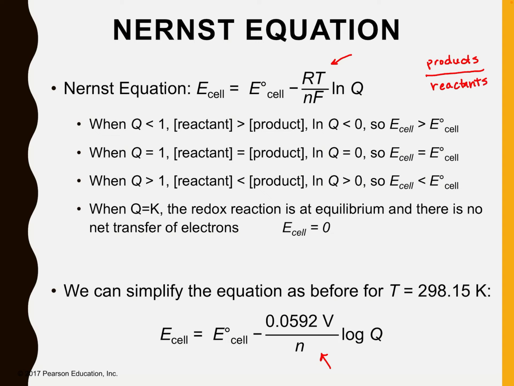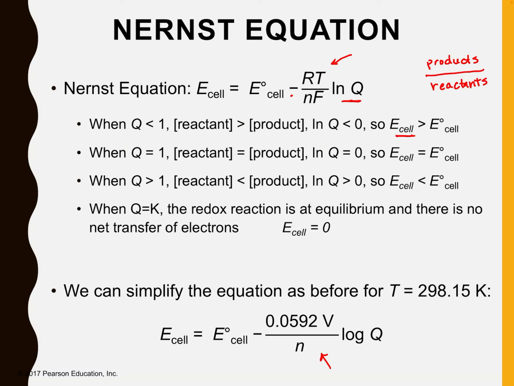So if Q is less than 1, that means we have too many reactants, a lot of reactants and not very much product. When we take the natural log of Q, that will make it negative. And so this will be negative times this negative, which makes it essentially a positive number. So E naught of the cell plus something means E of the cell will be greater than E naught of the cell.